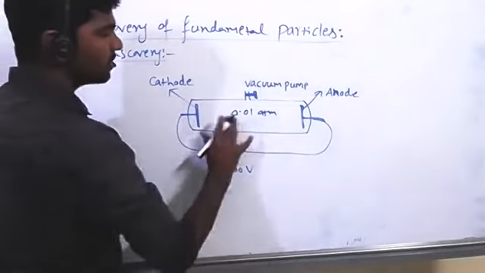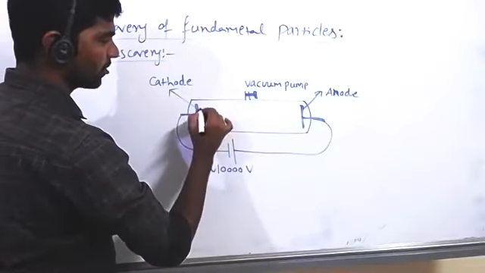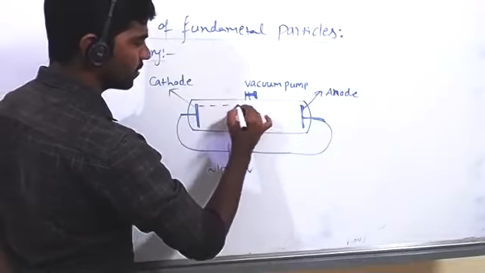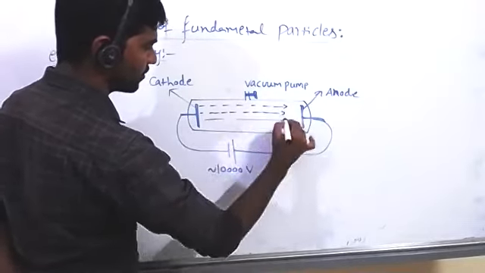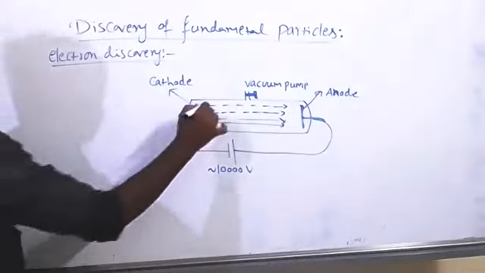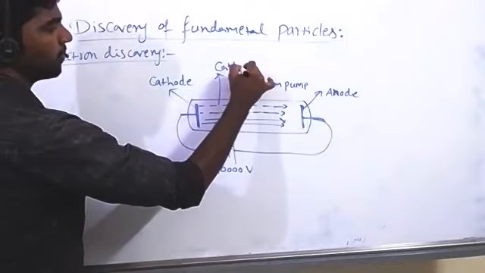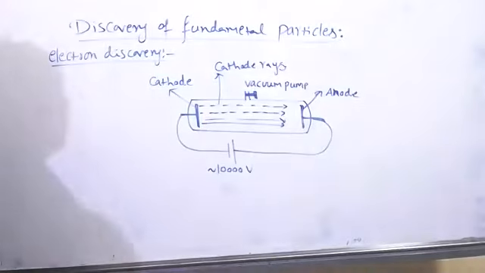Some invisible rays are coming from the cathode side, moving to the anode side. These rays are called cathode rays. Further, the properties of cathode rays were given by the scientist J.J. Thomson.